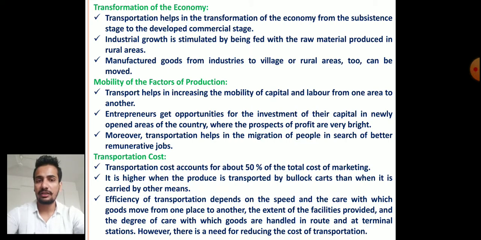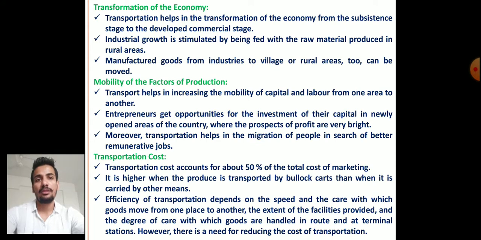Manufactured goods from the industries can be moved to villages or rural areas. Also, in the case of inputs, farmers need inputs, so they need to be transported from the factories to the villages. So the transformation of the economy happens because of the transportation function.